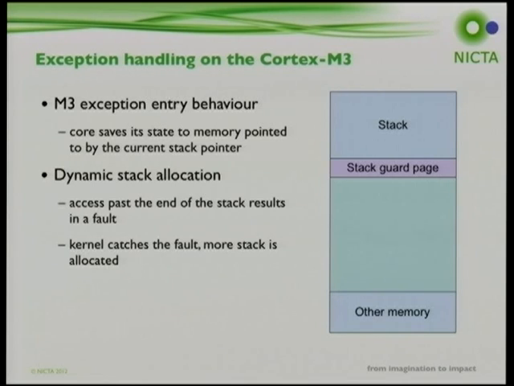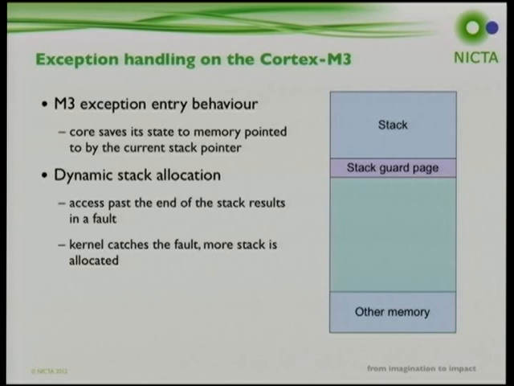So quickly, when you start a process, Linux initially allocates a really small stack and puts an invalid page at the end of the stack. Then when the user program faults on that invalid page, Linux knows that the user program has gone past the end of the stack, and it assigns more space, and the user program continues.